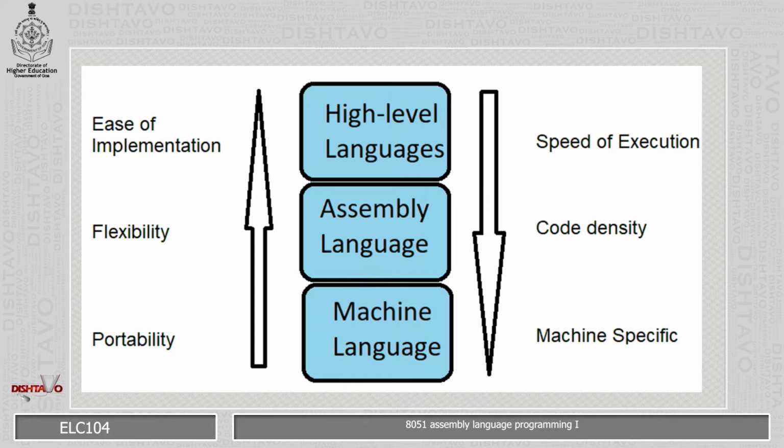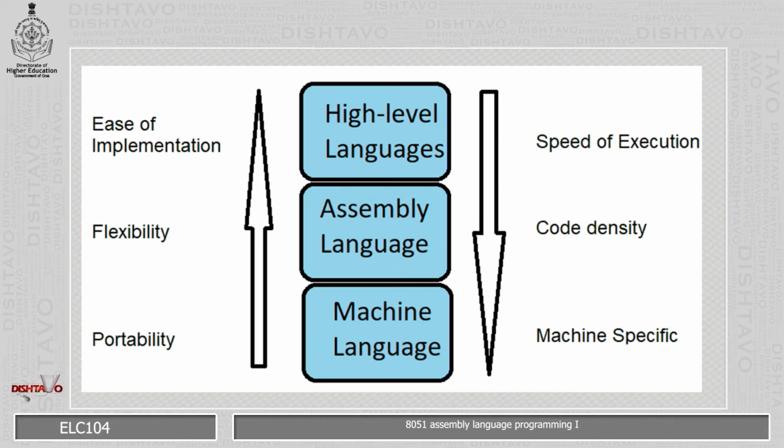Then flexibility also increases. Then ease of implementation also increases. So as we move from machine level language to high level languages, we can clearly understand that it is very easy to implement the high level language programs as compared to the machine level language programs.